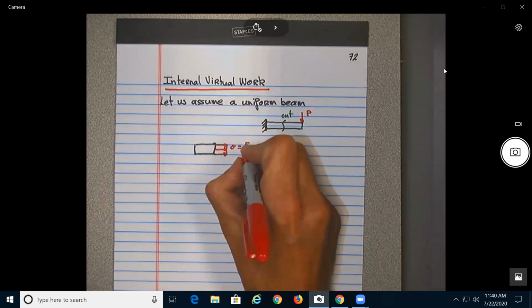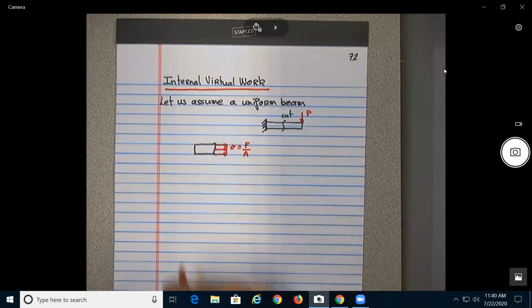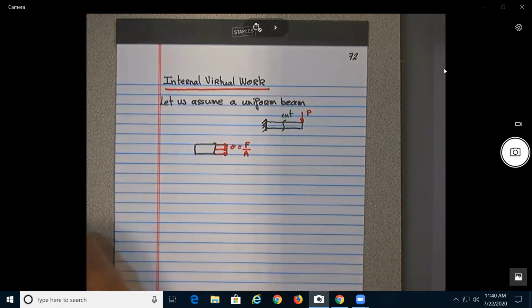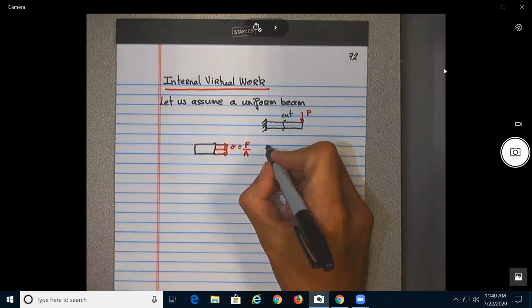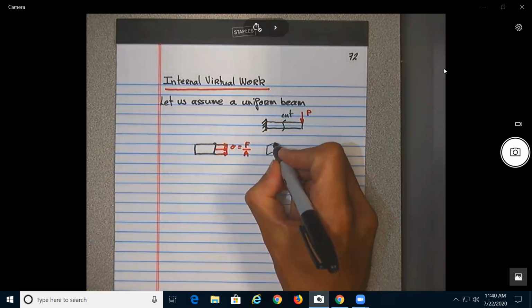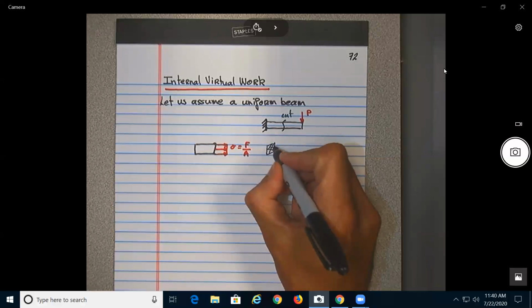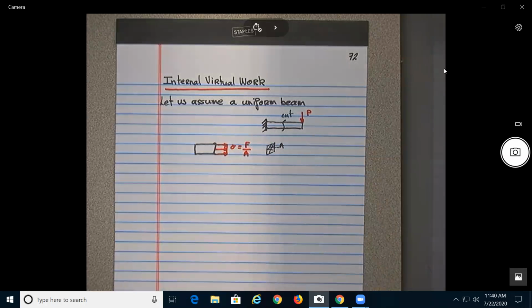And the general definition of stress is F over A, where A is simply the cross-section of the beam.